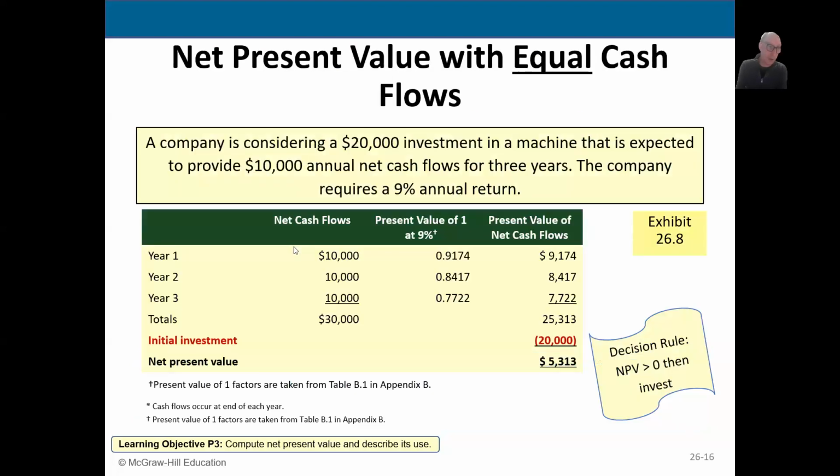So let me show you an example of what this looks like. We have a company considering a $20,000 investment into a new piece of machinery. It is expected to provide us with $10,000 of net cash flows for each of the next 3 years. The company has a required internal rate of return of 9%.